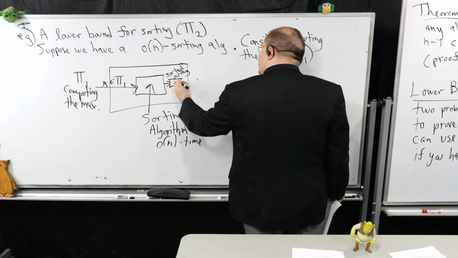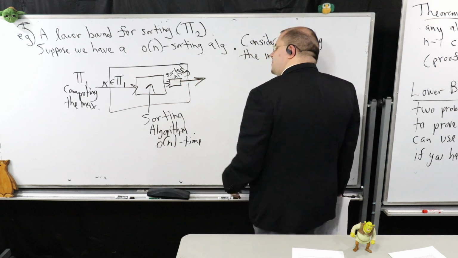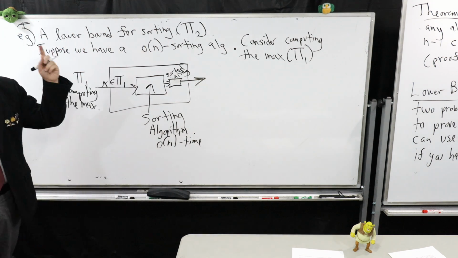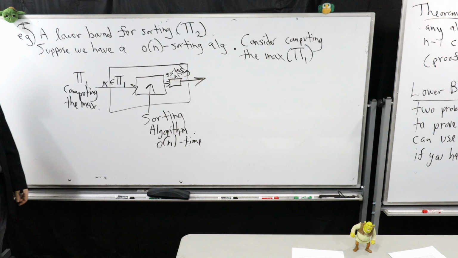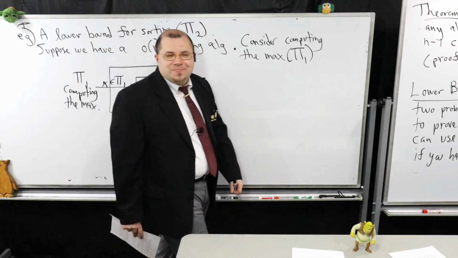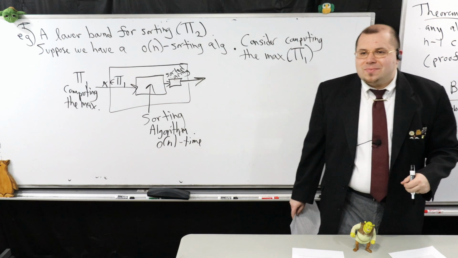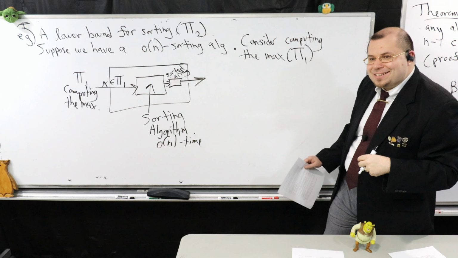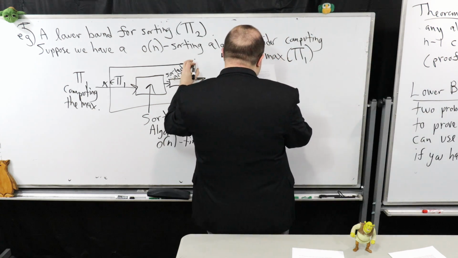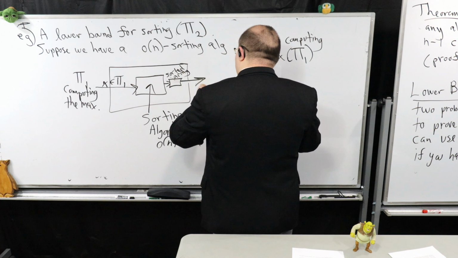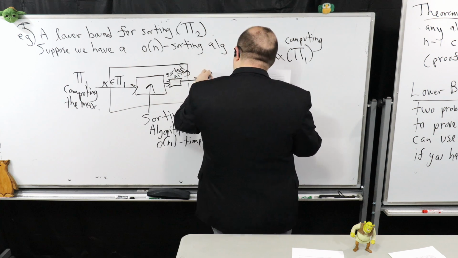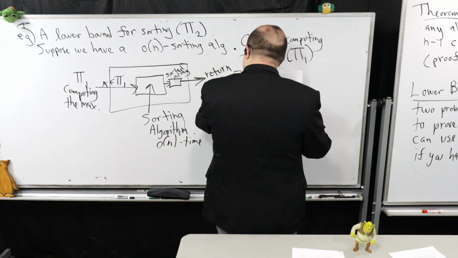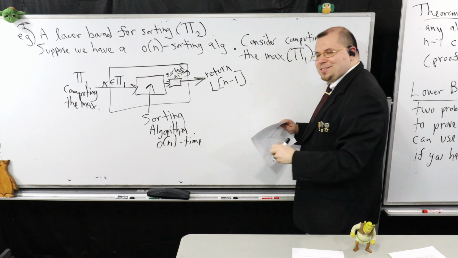Now, if I have a sorted array, how can I compute the maximum in that array? It's the last element, exactly. If it's sorted from smallest to largest, you could just return the last element.